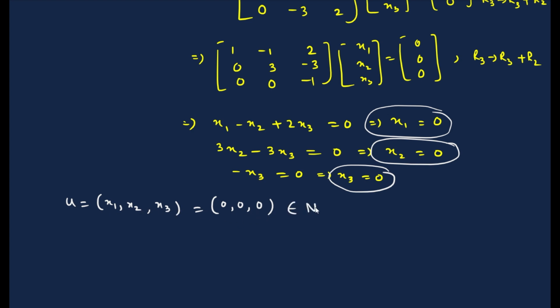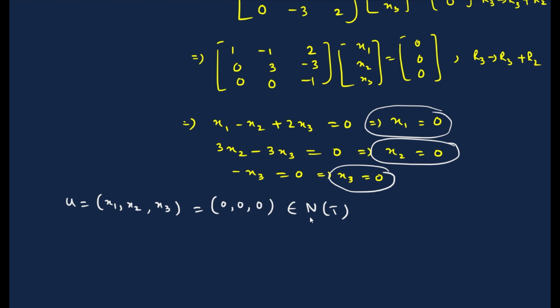So this belongs to N of T. What does it mean? It means that the only element in N of T is this one, the 0 element. And when you talk about dimension, dimension is the number of non-zero elements. This is completely the 0 element.